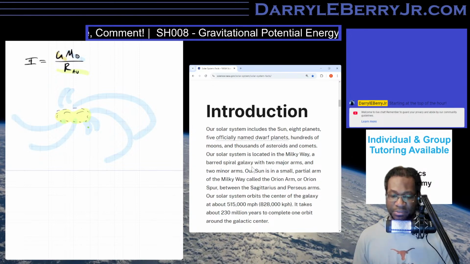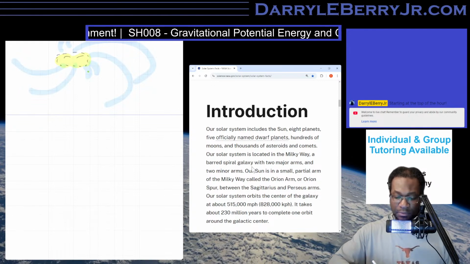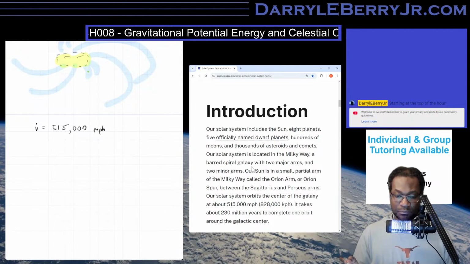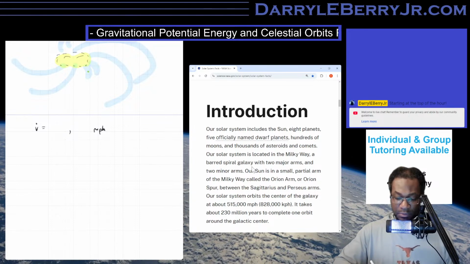Our solar system orbits the center of the galaxy at about, so this will be our velocity, about 515,000 miles per hour. Now, so let's do the kilometers. 828,000 kilometers per hour.